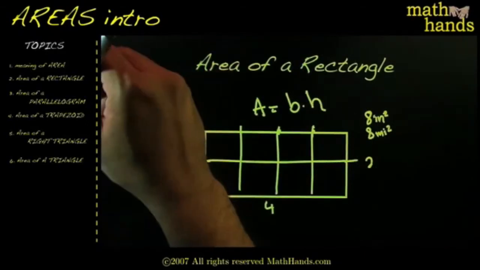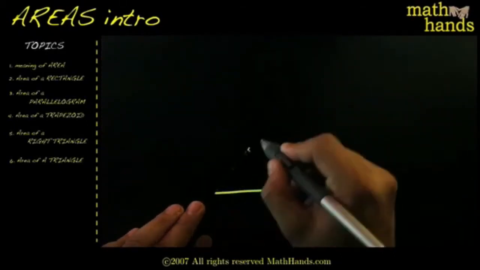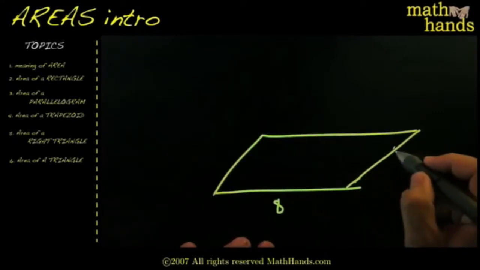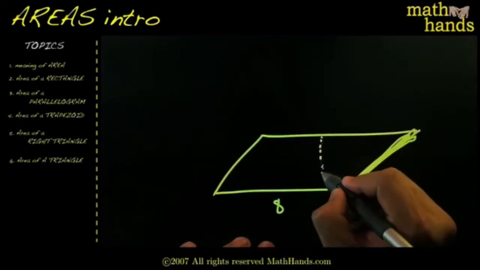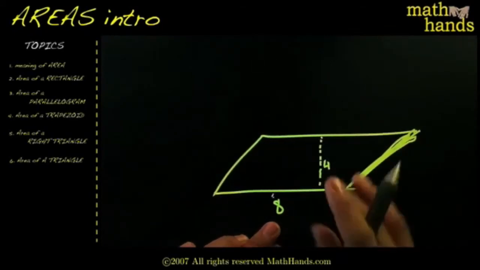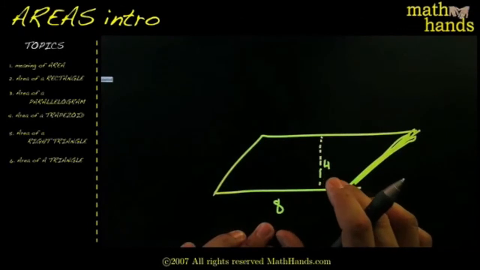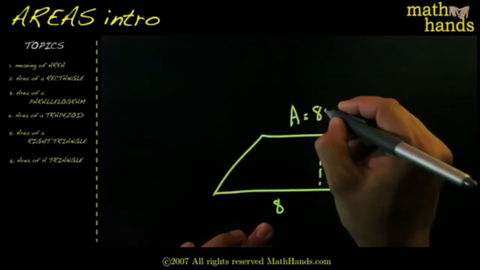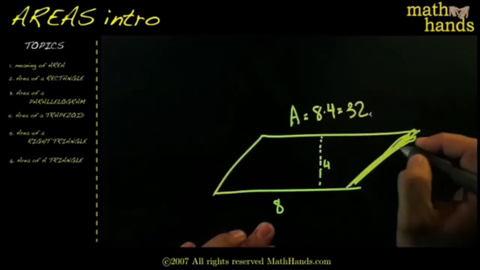And so here's an example. Suppose you had a parallelogram that went something like this. Suppose the bottom was 8, and this side, we don't even know how long this side is, but suppose the vertical distance here was 4. Then what we just discussed would correctly imply that the area is equal to the base times the height, 8 times 4, which would be equal to 32.